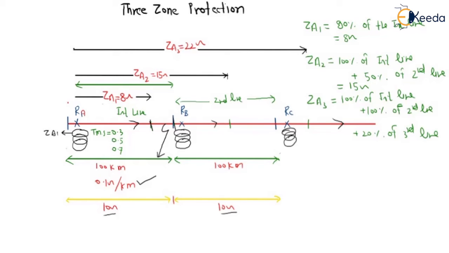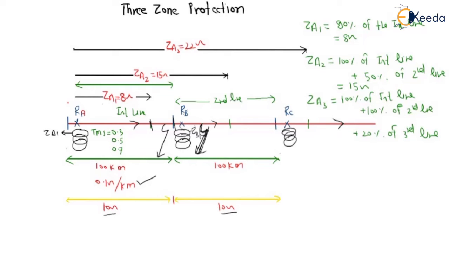Let us assume the fault occurs here. This point lies within the first reach of the disc, the first reach meaning ZB1, so this first disc will move. But what happens if this disc fails and the fault occurred here? Which relay will operate? It will again be the reach of disc number 2 and the reach of disc number 3.